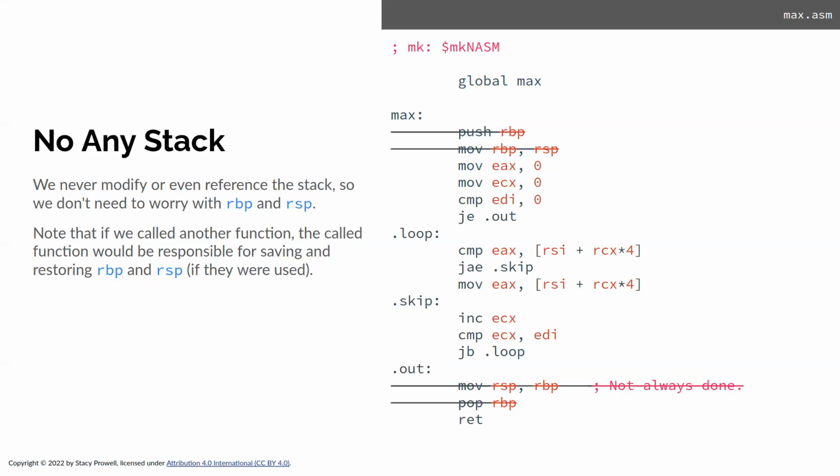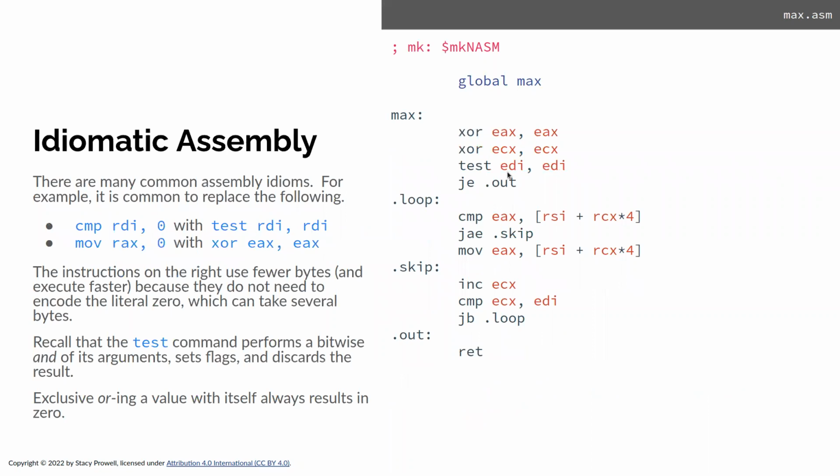So if I go back and look at this, we're putting 0 in EAX, 0 in ECX, and then checking to see if EDI is 0. You won't see this in assembly. You really just typically will not see this. Because whenever you want to compare something to 0, the way it's traditionally done is to use the test instruction and have the register in here as both operands. What does test do? It performs a bitwise AND of its arguments.